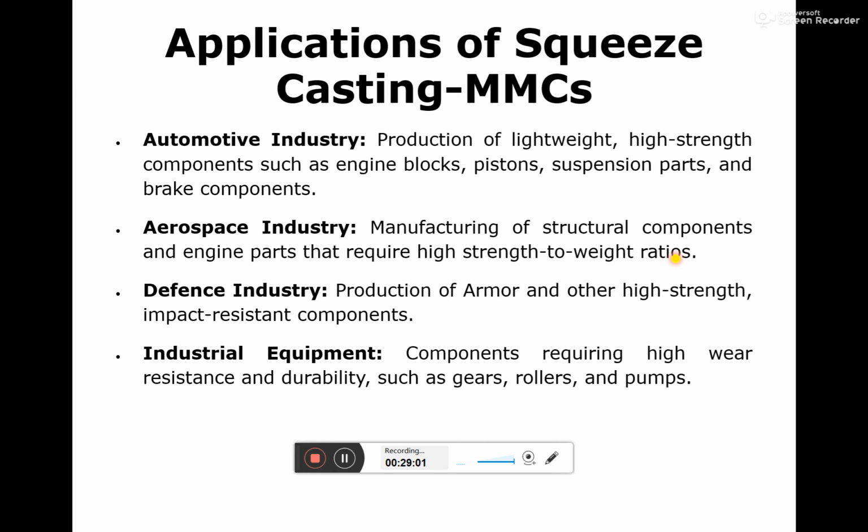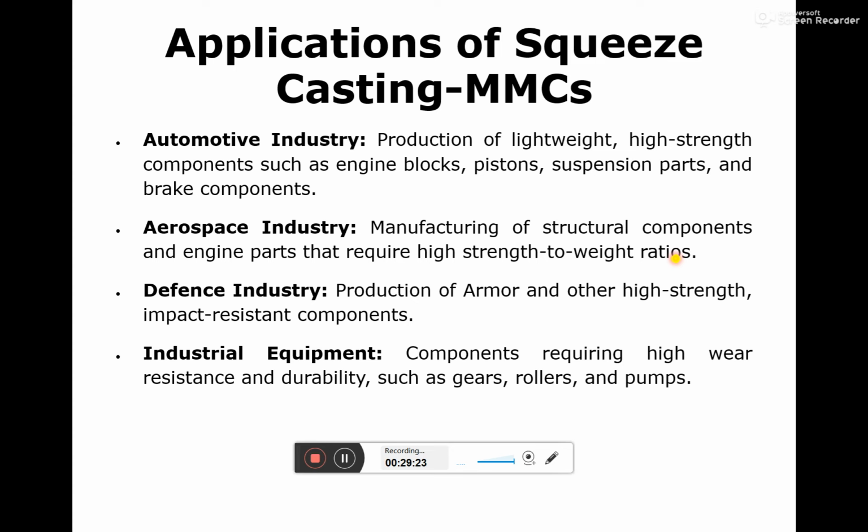Coming to the applications, same as stir casting, here also we can develop different metal matrix products: engine blocks, pistons, suspension parts and brake components related to the automobile industry.